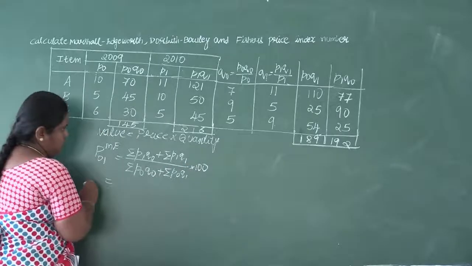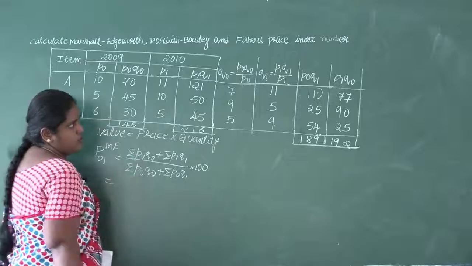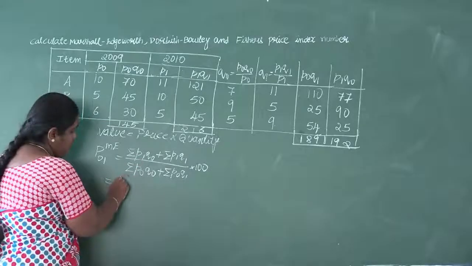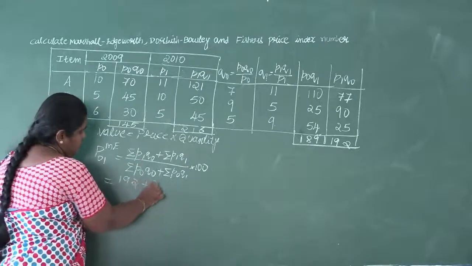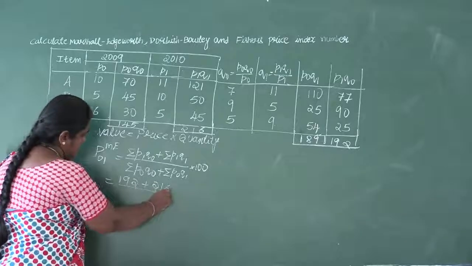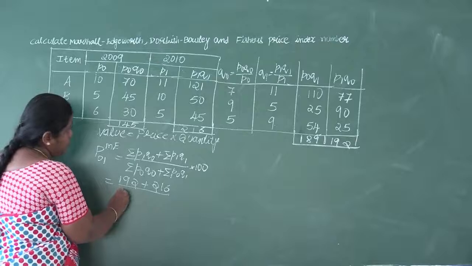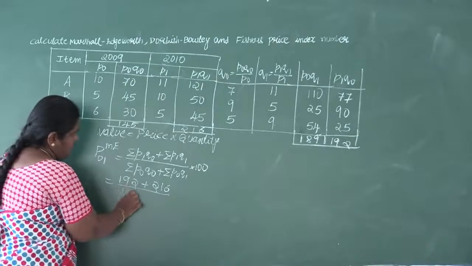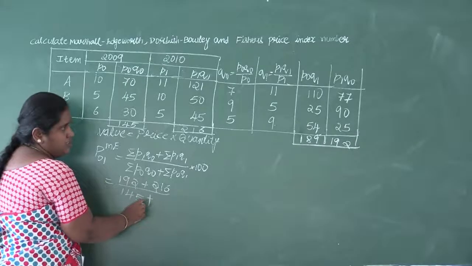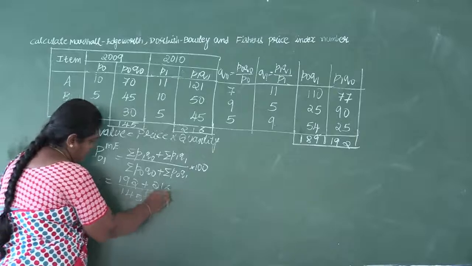Now substitute in this. P1 Q0 is 192, P1 Q1 is 216 divided by P0 Q0 145, P0 Q1 189.